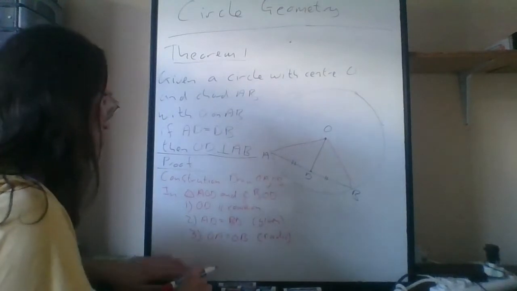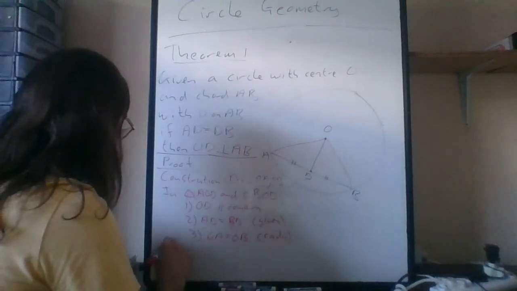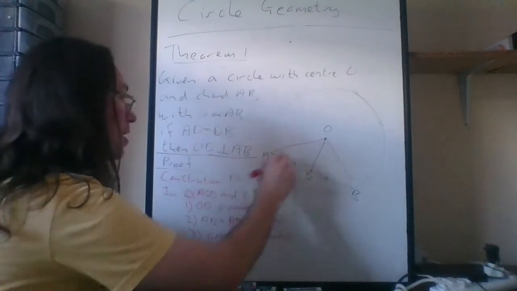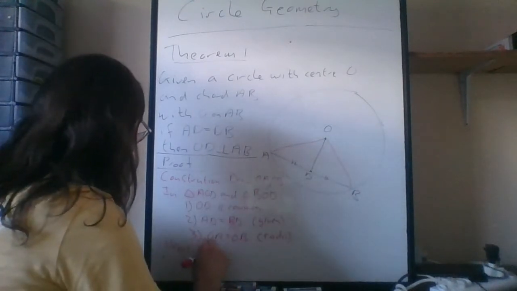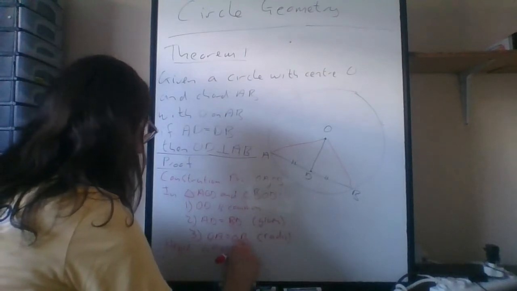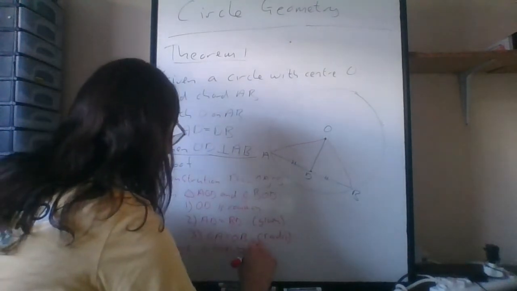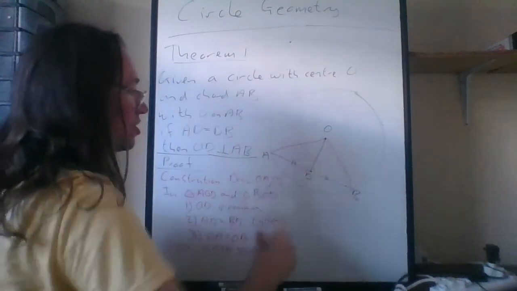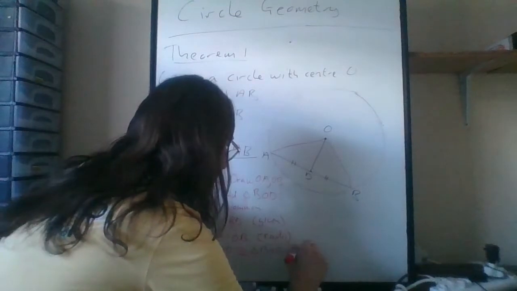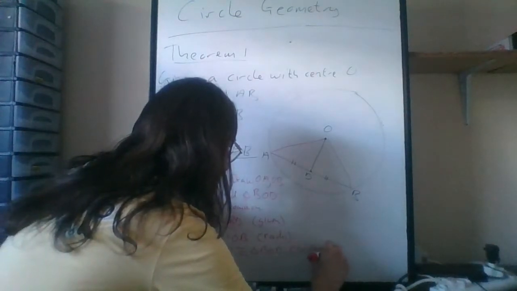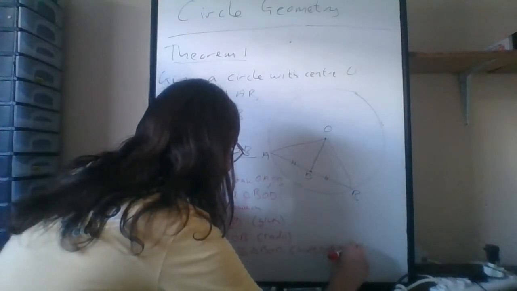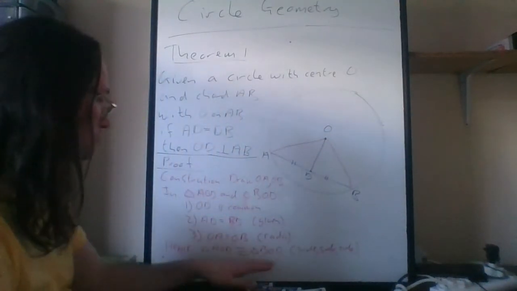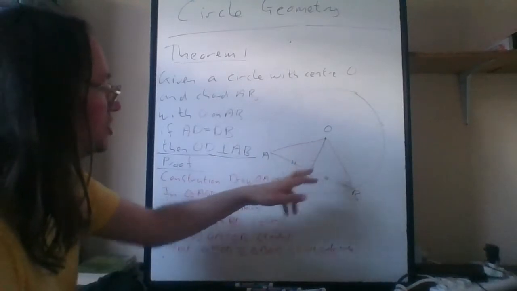And then we have a conclusion. Hence, triangle AOD is congruent to triangle BOD. The reason here being side, side, side.